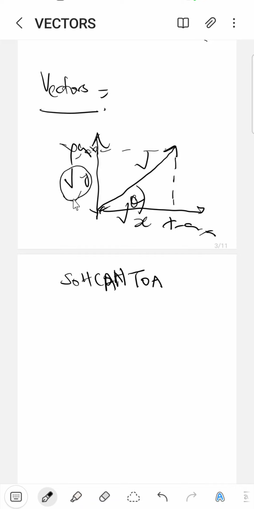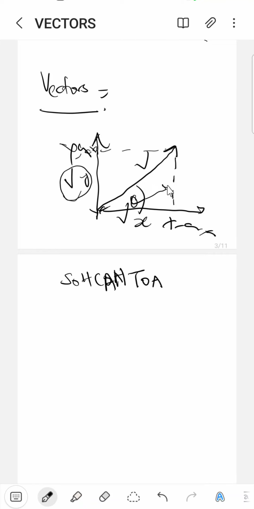All right, so the magnitude, those components, give the resultant vector. Then the angle is for the direction. All right, so SOHCAHTOA will help us derive formulas to find these components.